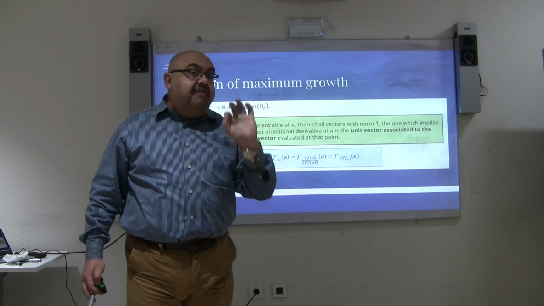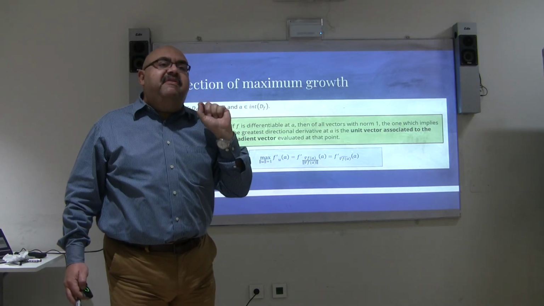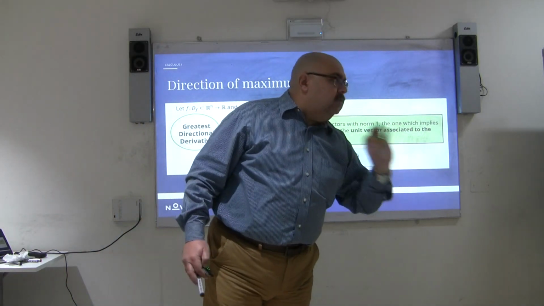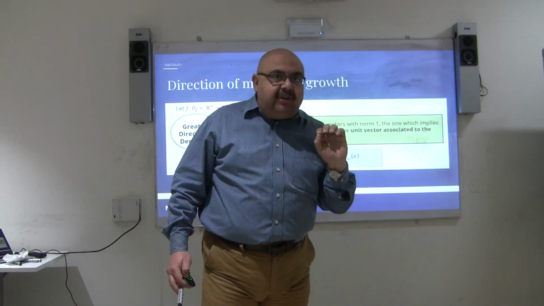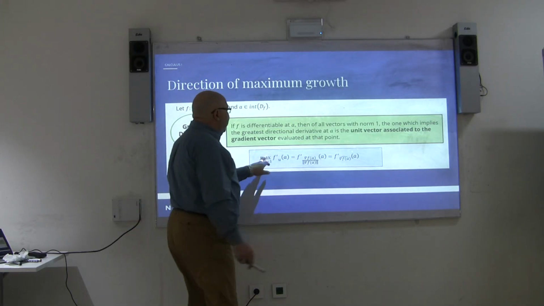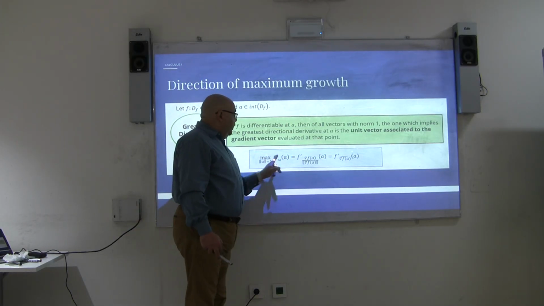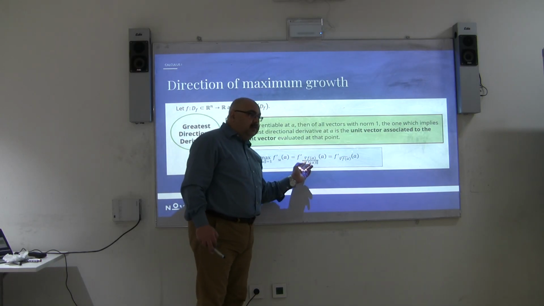The direction of maximum growth will happen when you use the gradient vector, when you consider finding the directional derivative along the gradient vector. Thus the maximum will happen when the directional derivative of f at a in direction u is the gradient vector itself.